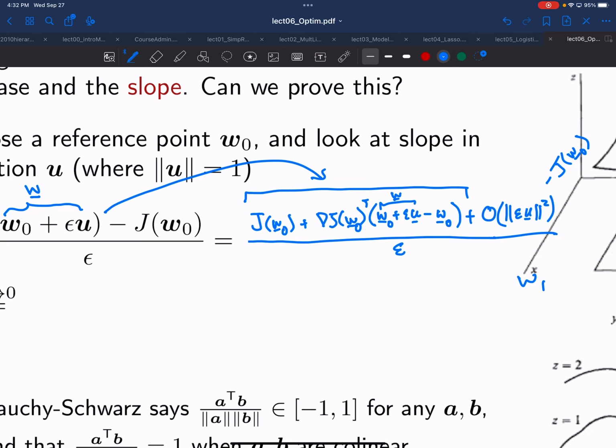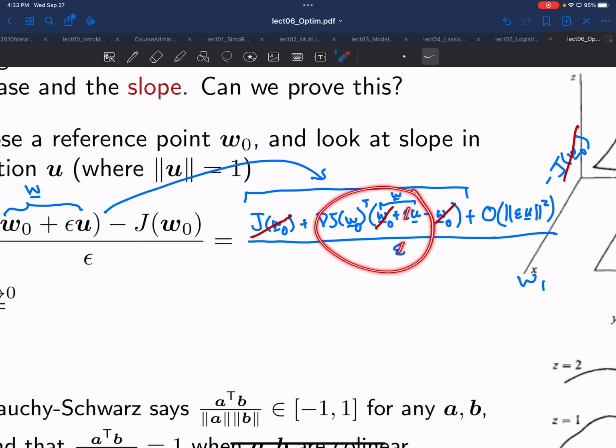Okay, so now we can cancel a bunch of terms. This first J(w0) cancels with the last one. This w0 cancels with this one. And if you look at what remains in this first part, there's an epsilon here, and there's an epsilon here, and those will also cancel, because all this is gone in this first part.